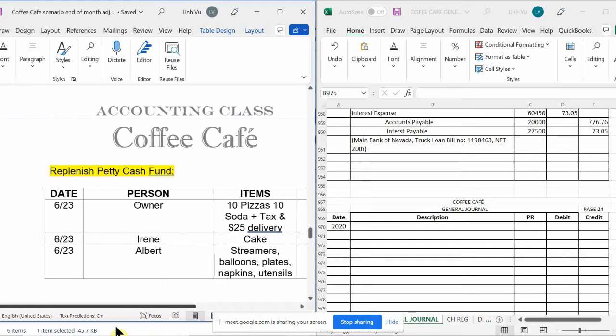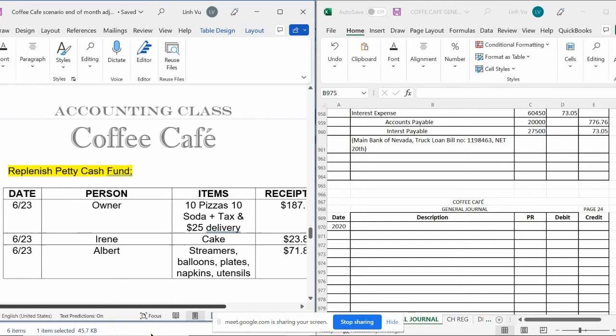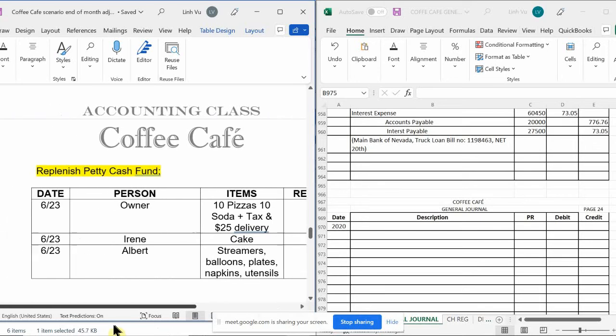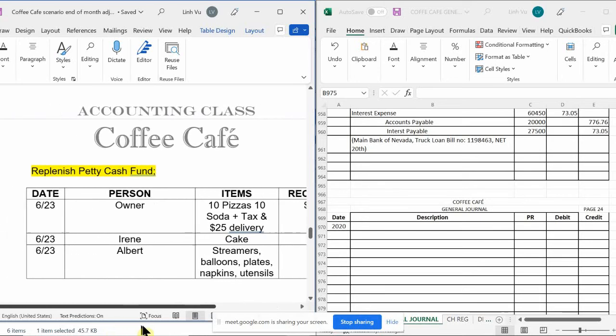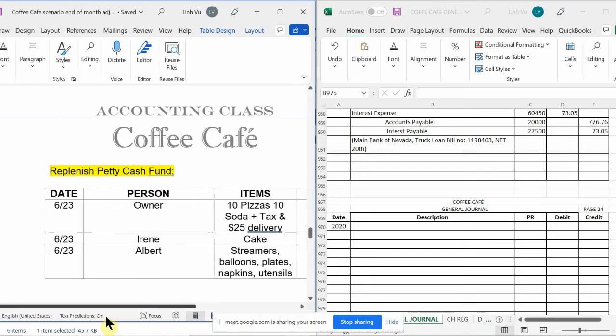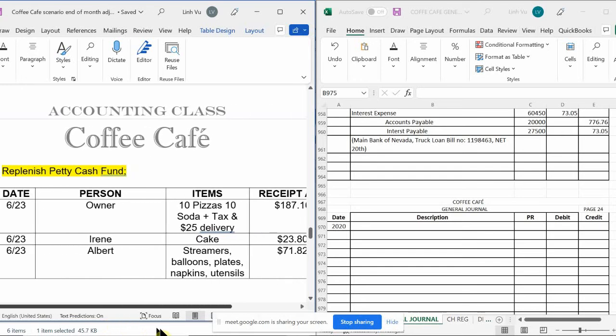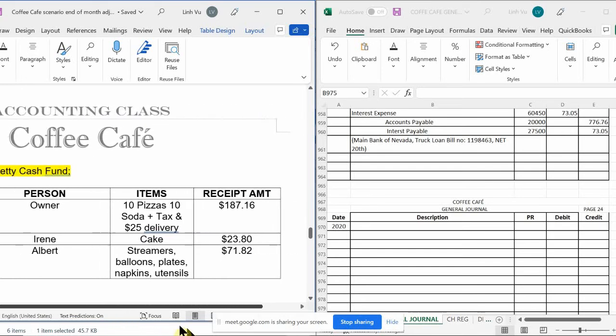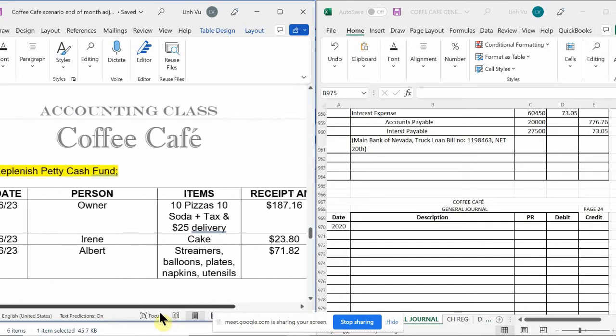Then we had Irene go buy a cake for $23.80. And then we had Albert go buy some streamers, balloons, and some plates and napkins and utensils, and he took $71.82. Sorry, I cannot read today.